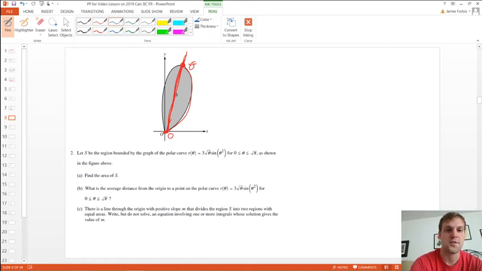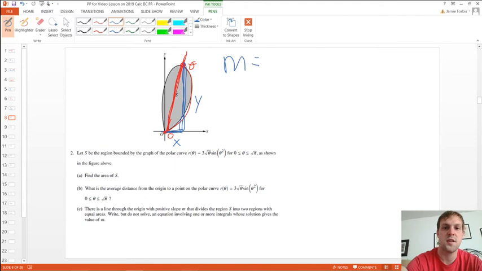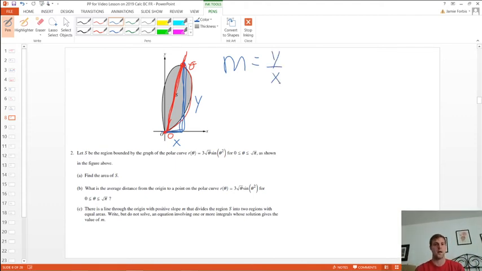This theta value, or this slope, is just rise over run. So you can think of us going over x and up y to this point. So m is just equal to y over x, right? The slope is just equal to y over x. It's rise over run, right? Well, how do I figure out theta when I'm given x and y? Remember, this is theta right here. It's that angle measurement. Well, if you think about theta, we have the side opposite and adjacent, so that's tan.